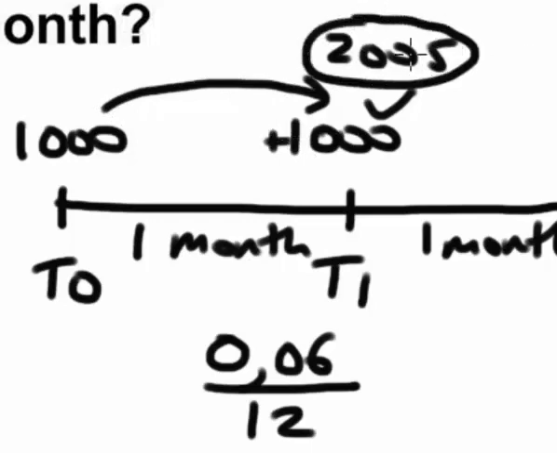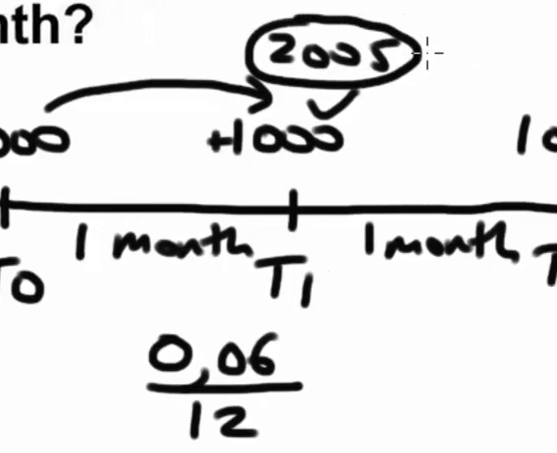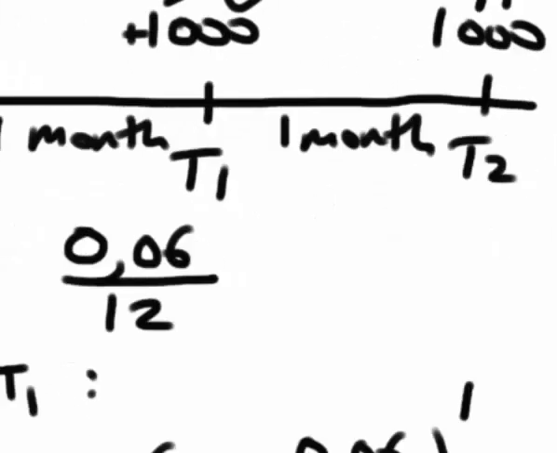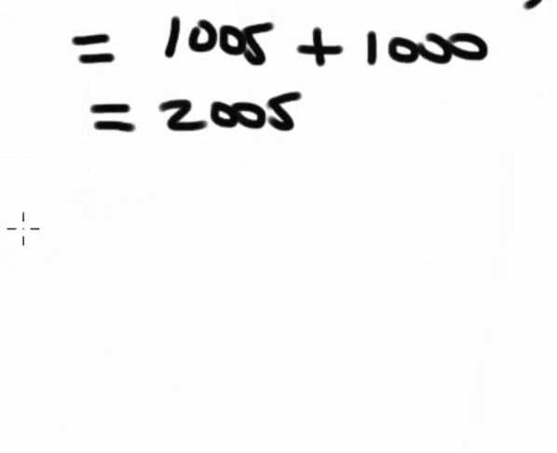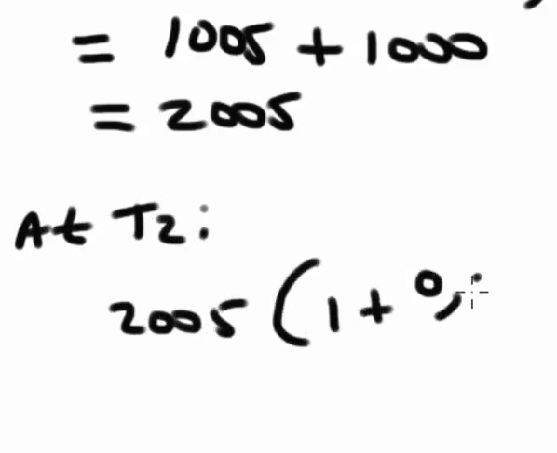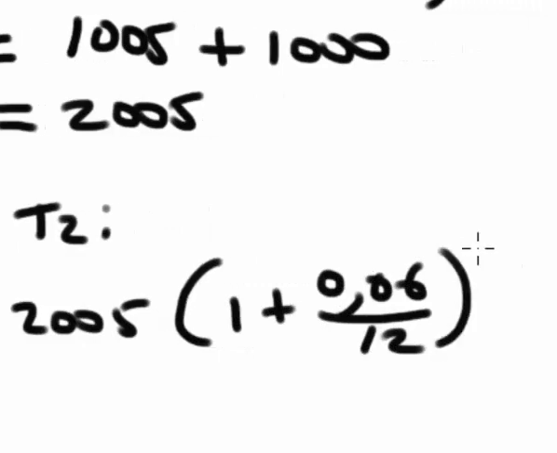Now this money at T1 is going to grow for another month, and then we add in another 1,000 rand. So let's see what happens at T2. At T2, we take the 2,005 rand and we grow it again with our grade 11 formula for another month.